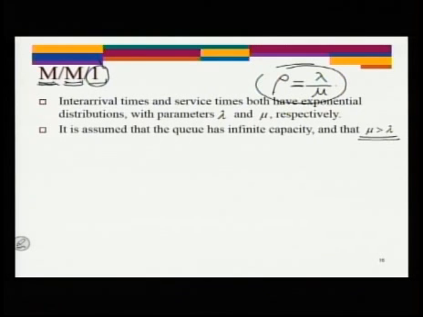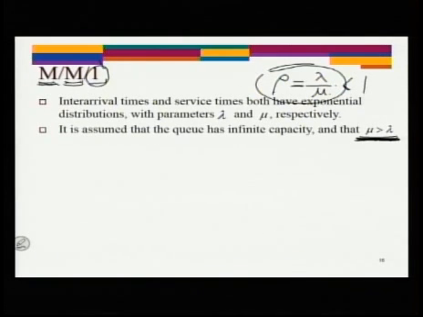Here we're saying mu is greater than lambda, so this implies that rho is less than 1. Is that correct? Right?